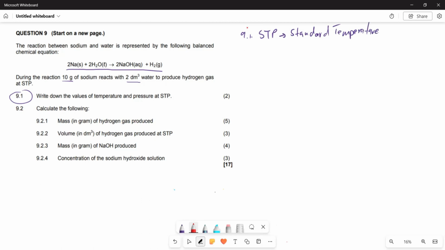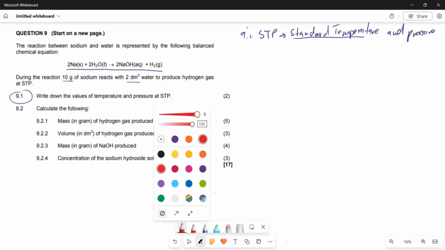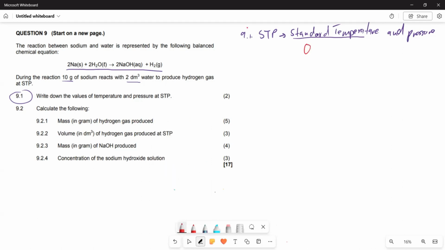Firstly, they want us to determine the value of the standard temperature. It is given by 0 degrees Celsius, or 273 kelvins. So this is the representation of your standard temperature.